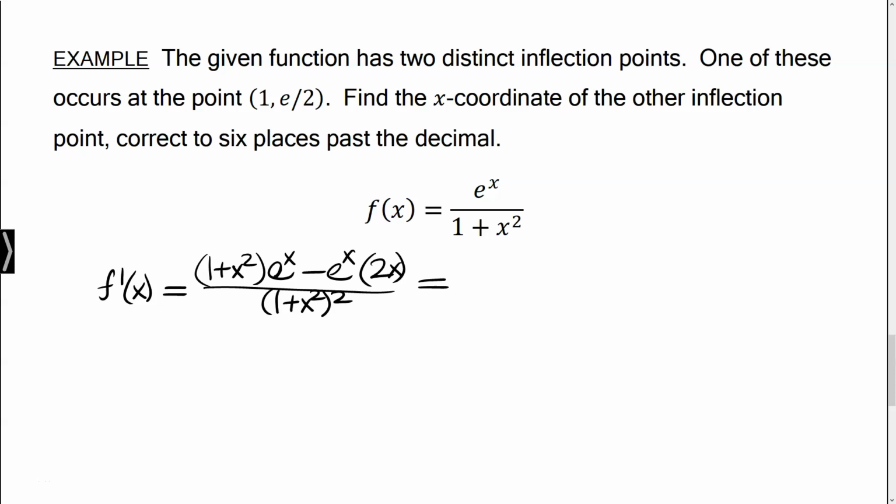And when we clean this up, if we take out e to the x, we've got x squared minus 2x plus 1. So that's going to be x minus 1 all squared, e to the x, over x squared plus 1 all squared. Okay, so that's the first derivative.